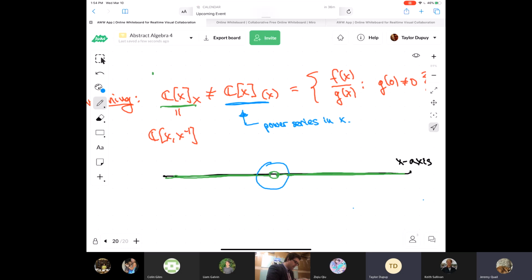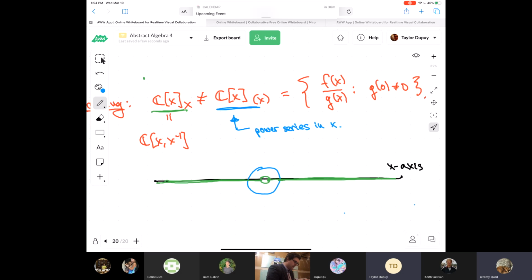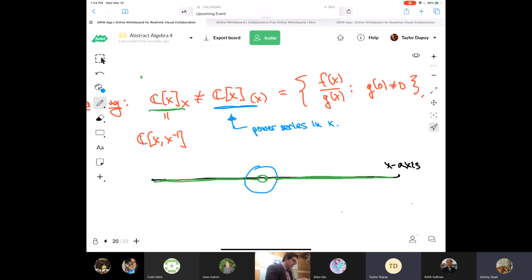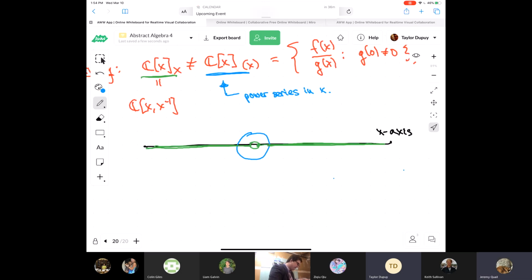Sure, but how do you see that this is a power series? Where are we getting that information? How is f of x over g of x a power series? Why does this have a power series expansion?